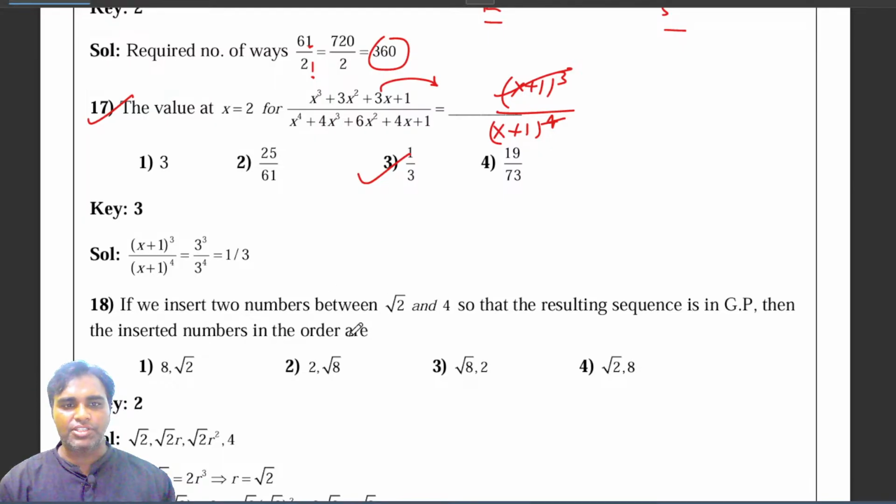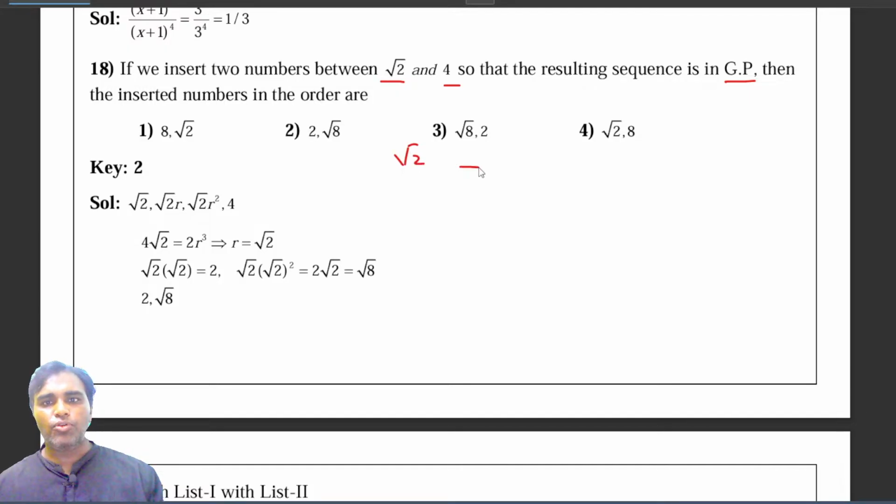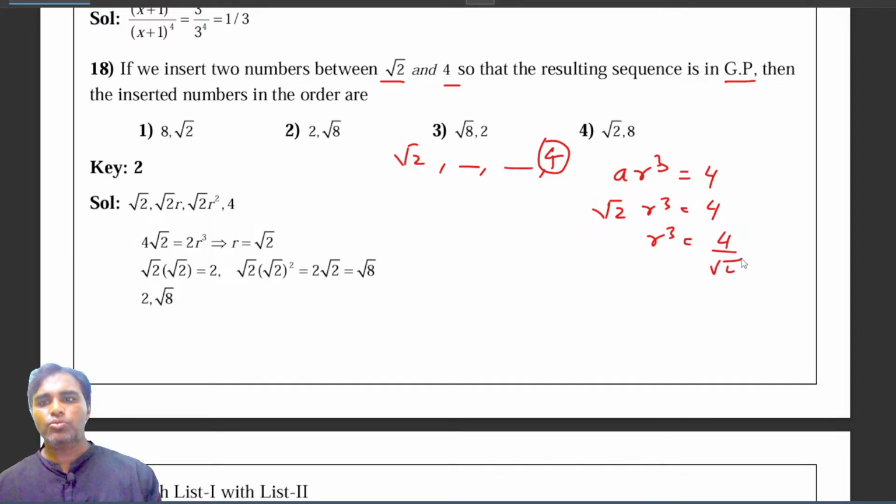From sequence and series we are having one question. If we insert two numbers between root 2 and 4, the resulting sequence is in GP. So this is root 2 and 4. We need two numbers, right? Now this is the fourth term. So fourth term will be AR cube, that is 4. A is root 2, R cube is 4 by root 2.